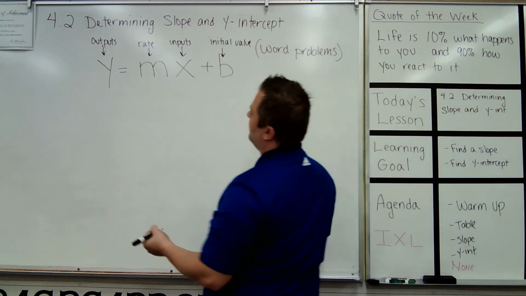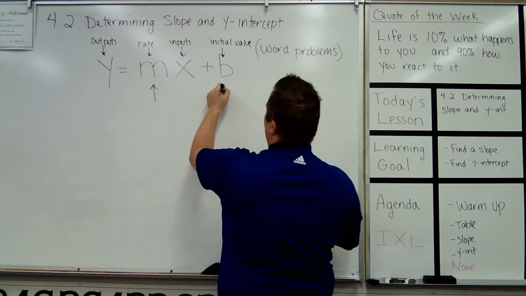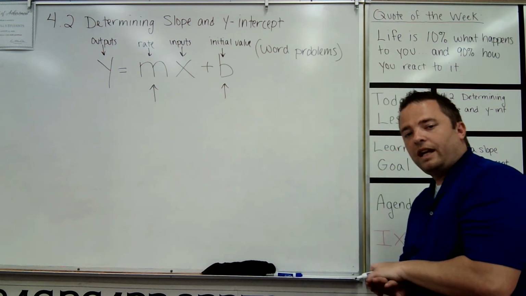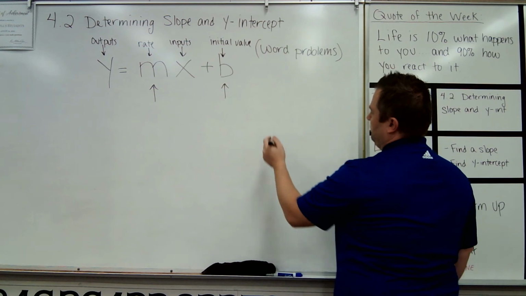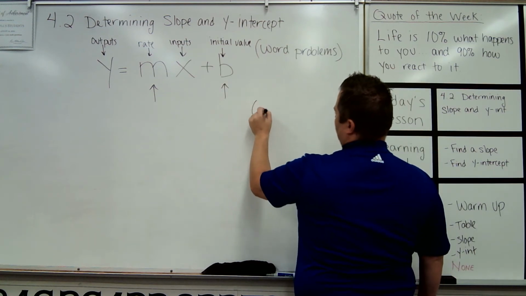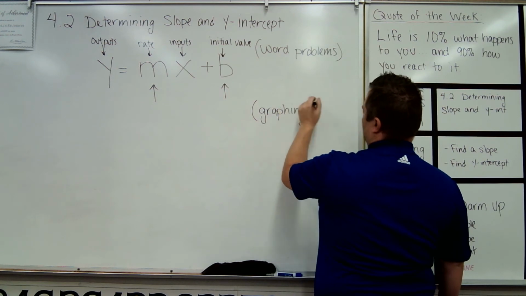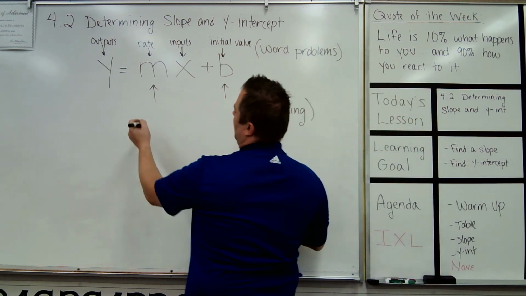Now, when we're talking about graphing, this m and this b take on names that we've heard and seen before, but now we're going to tie it together. So this is when graphing. This m will take the purpose of a slope.